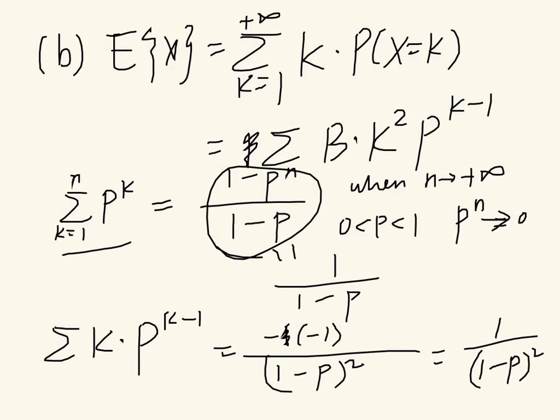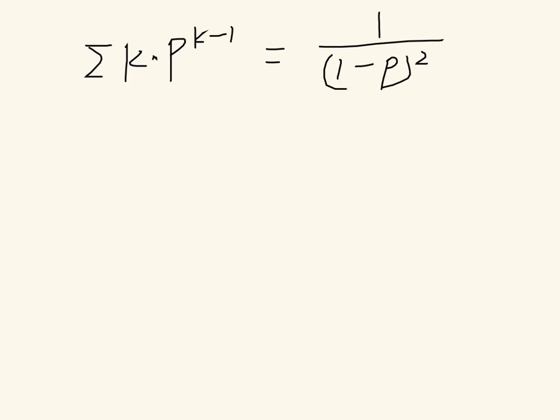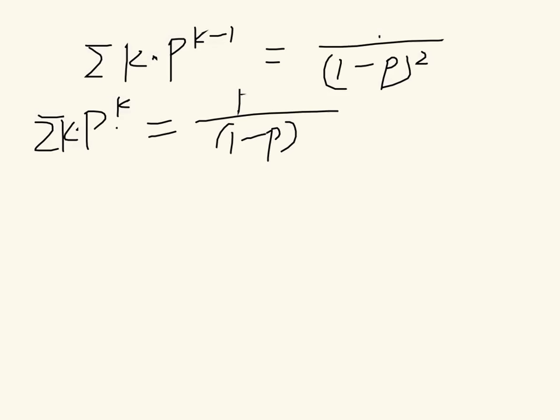And we multiply p to both sides. The left hand side equals the sum of k times p to the power k, equal to p over 1 minus p squared. And we differentiate both sides again.